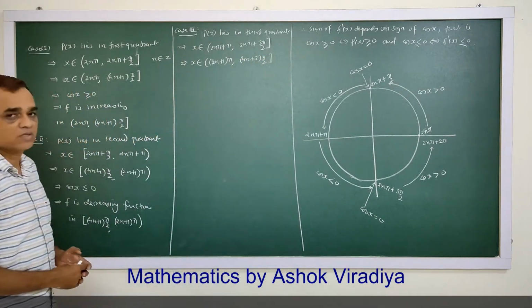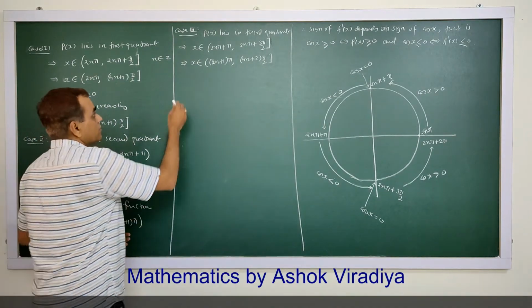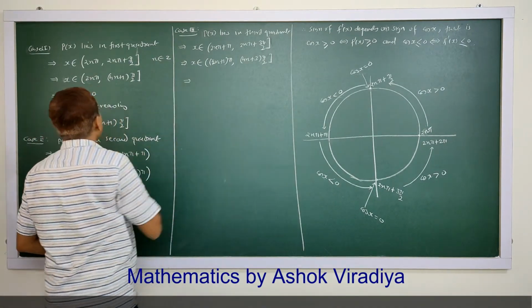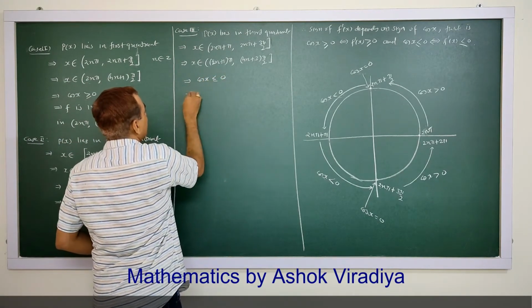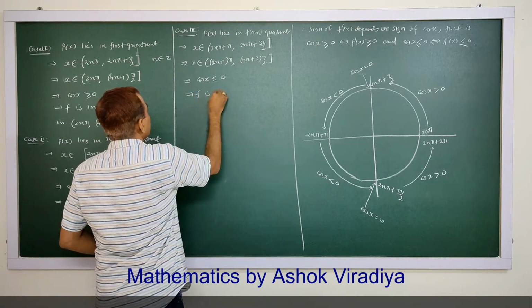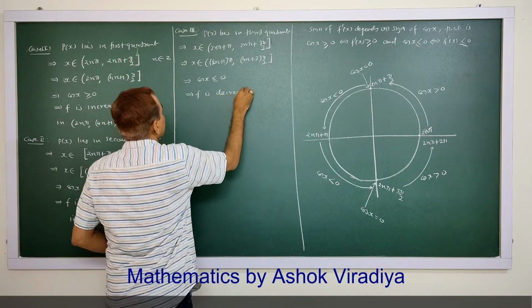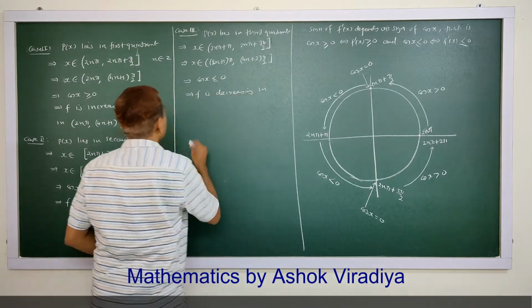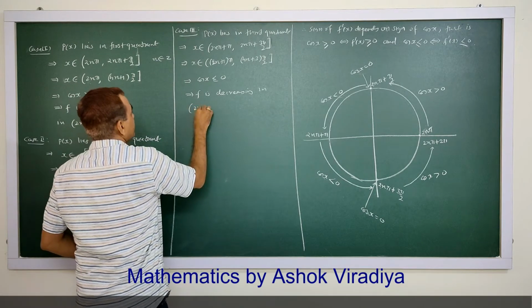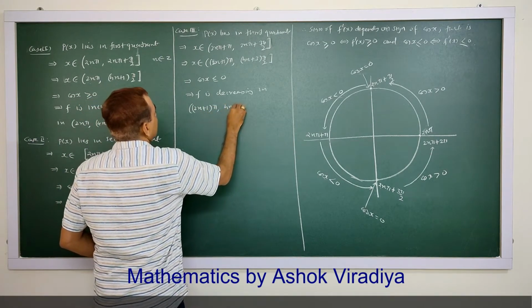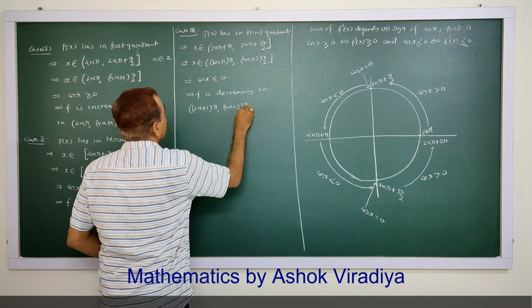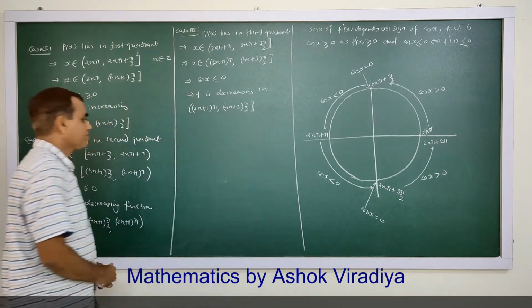In this interval cos x is less than or equal to 0, so this function is decreasing in the interval (2n plus 1) pi to (4n plus 3) times pi by 2 closed.